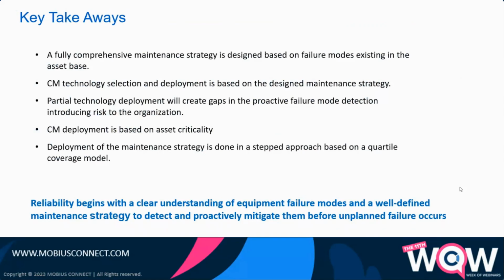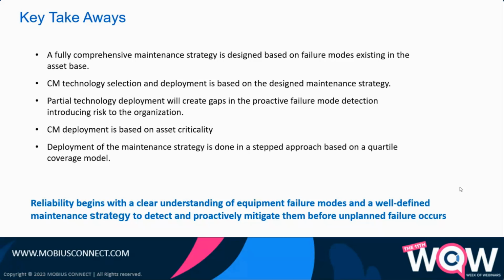The key takeaways here. A fully comprehensive maintenance strategy is designed based on failure modes existing in your asset base, right? Condition monitoring technology selection and deployment is also based on the design and maintenance strategy. There should be a structured approach there. Partial technology deployment, as I mentioned multiple times, would create gaps in proactive failure mode detection, inducing risk to the organization.